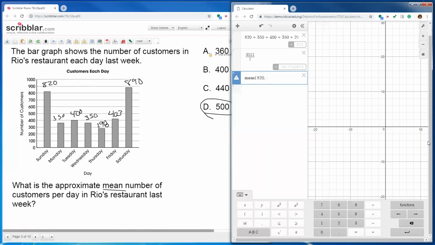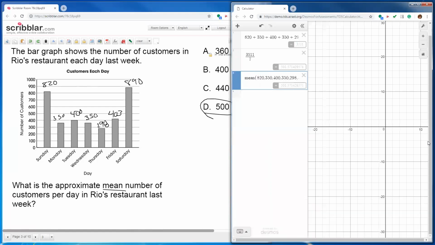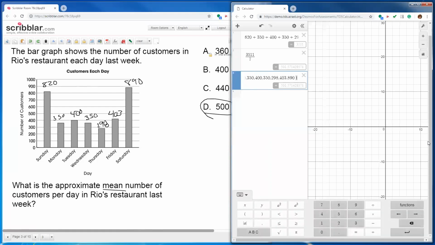If you type these in with commas between each number, 298, 403, and 890, it will automatically calculate that number for you. You don't have to worry about what am I going to divide by. So the advantage of this calculator is it can have some fancier features that make some of the stuff easier. If you just type it in with commas, it calculates the mean instead of you having to add them together and figure out what to divide by.